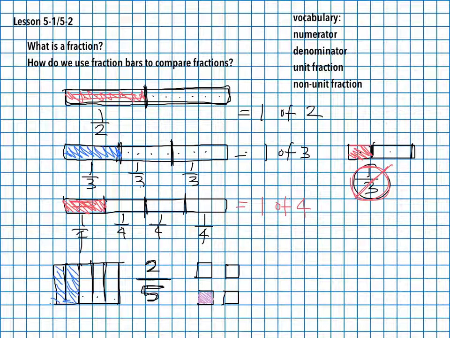Well, how many total squares are there? There are 1, 2, 3, 4, so that would be 4. And how many are purple? Well, just 1, so 1/4. Now, this again is a unit fraction. This other one is a non-unit because it is more than 1.